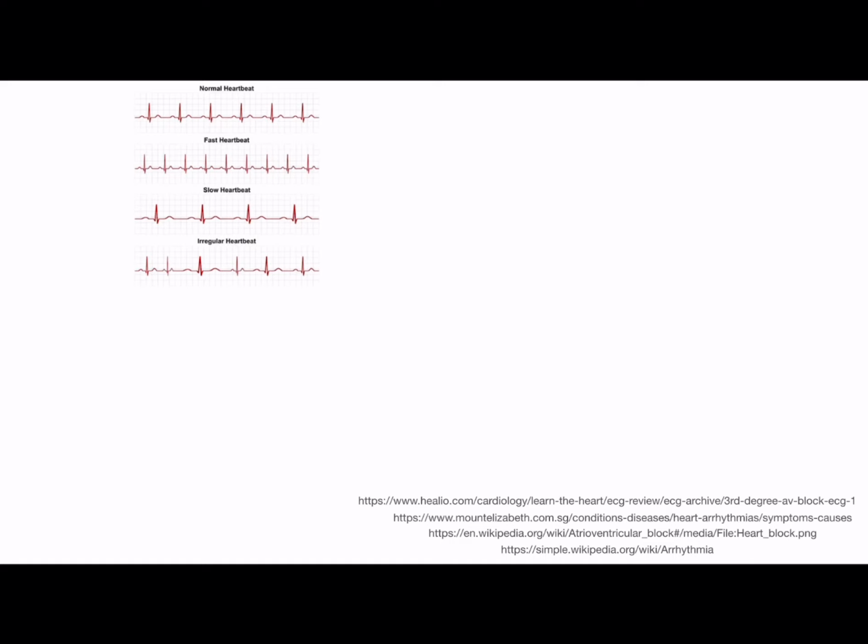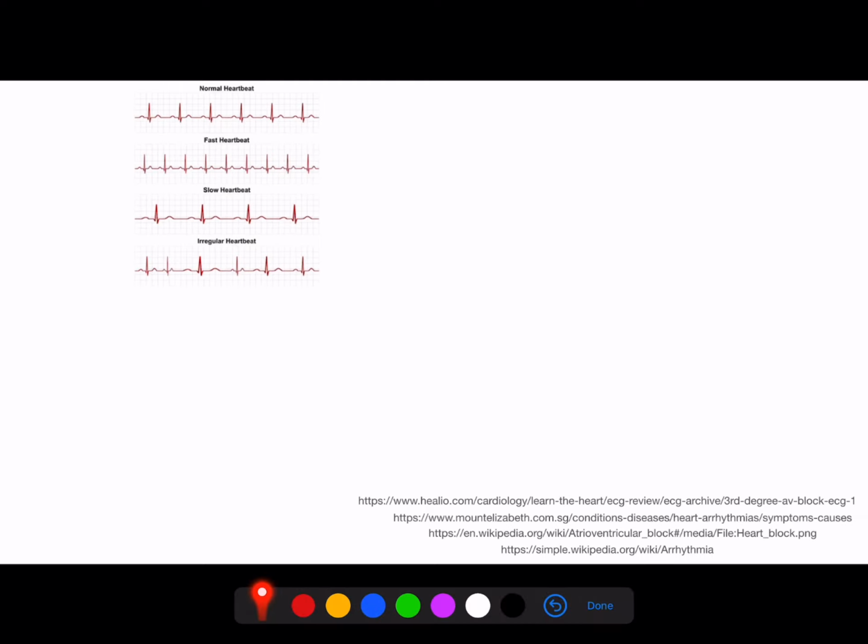Then there's the tachycardia, where the beats per minute are above 100, and the bradycardia, where the heart rate is below 60 beats per minute. But there are no other changes. The PQ time is normal, the QRS time is short, and the contractions are regular.